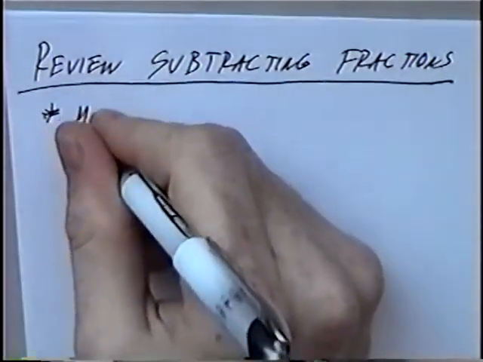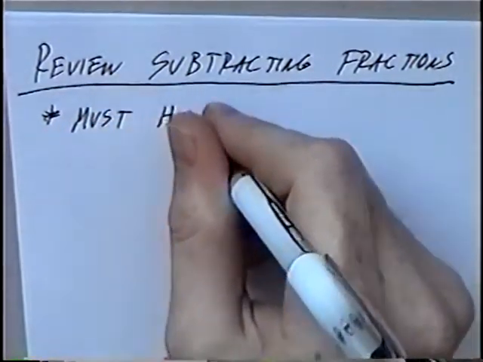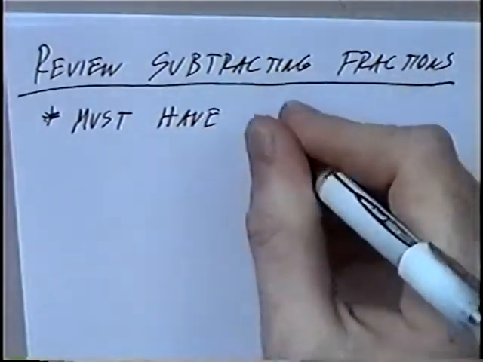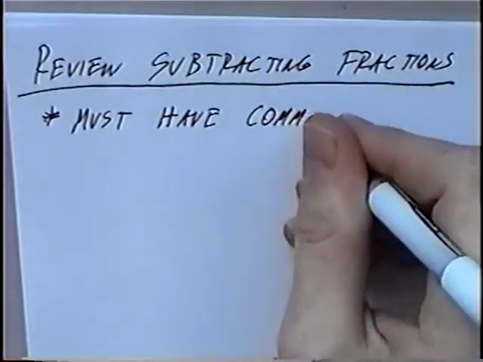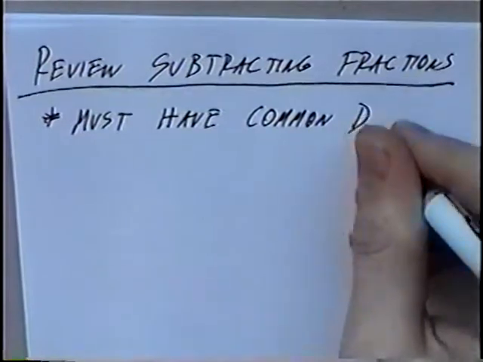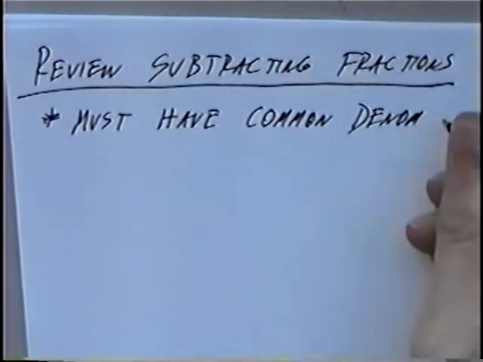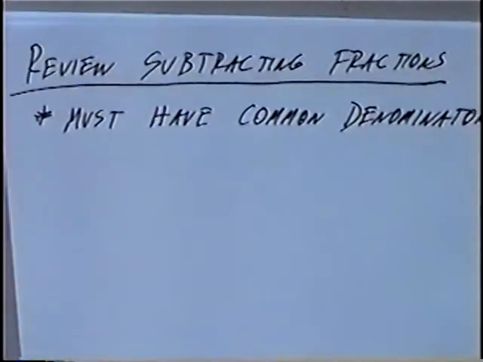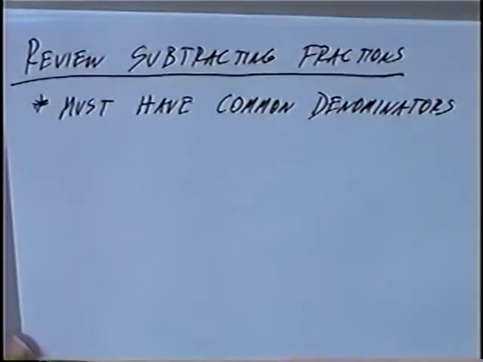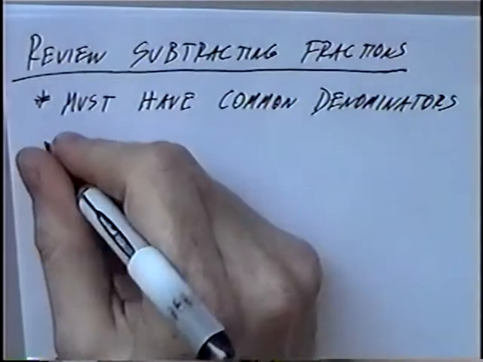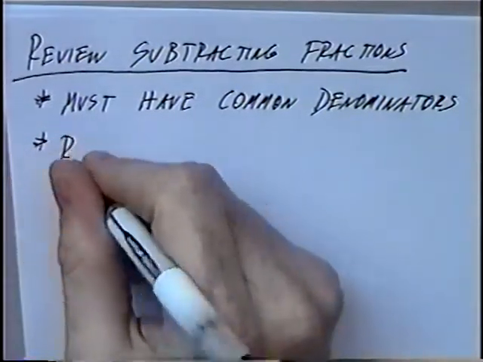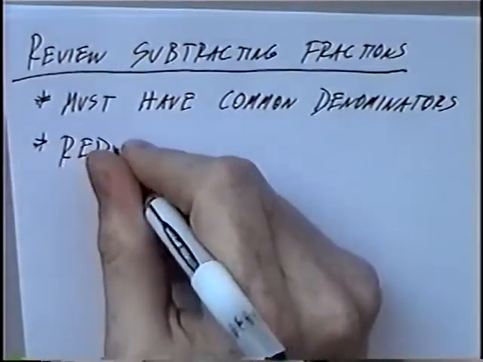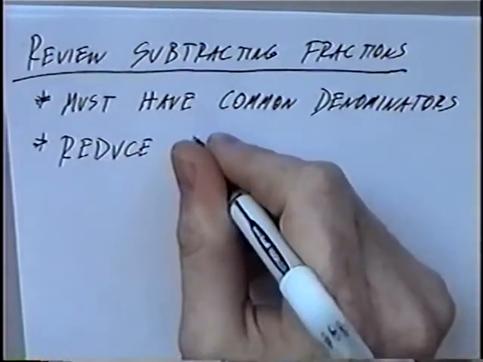First step is must have common denominators. And the second step is reduce fractions.